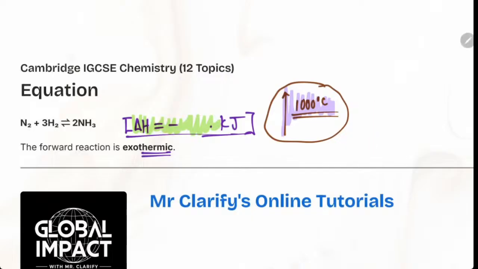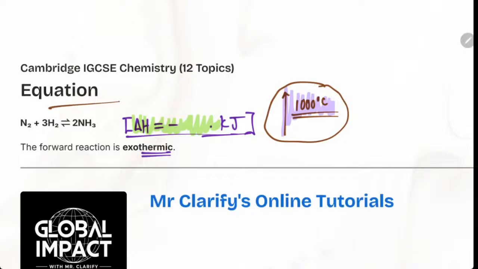How does it decrease it? It should go in the direction of endo. So the biggest question we have here is, where is endo? Is it forward or backward?